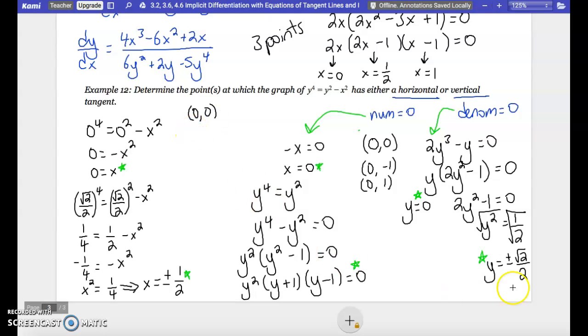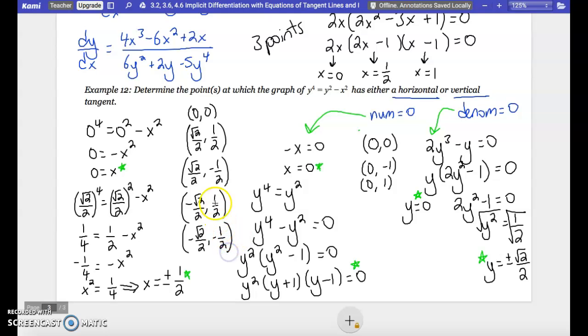When I plugged in positive root 2 over 2, you could have gotten out a positive 1/2 or a negative 1/2. So either of those would work. And when I plugged in negative root 2 over 2, I could have gotten out a positive 1/2 or a negative 1/2, either way.